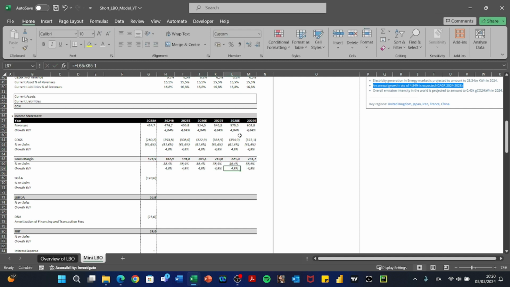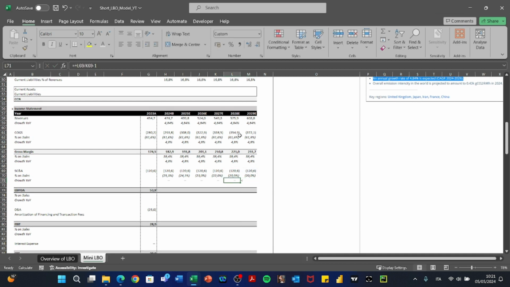This is growth. Okay. We have set our SG&A flat. Okay. Copy this formula. Obviously, take it off is equal to 0.